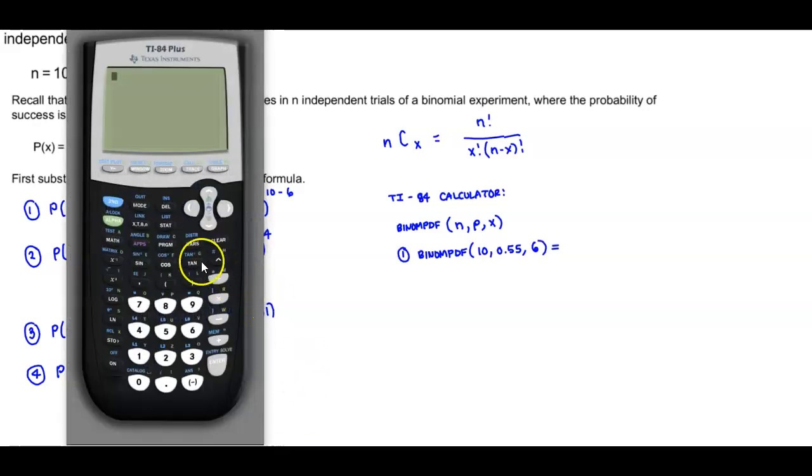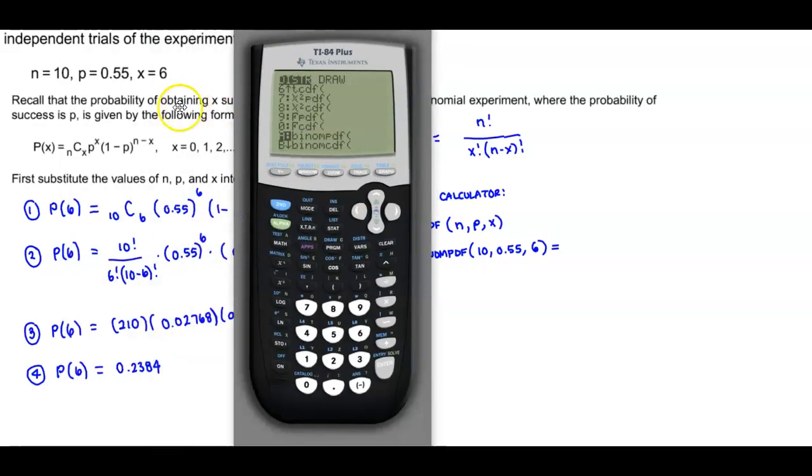Okay, so using our calculator, we're going to go to second and then distribution, and then scroll down to where we see binompdf. And again, P stands for when you have x equal to something. Right below that you have C, which is for less than or equal to, and we'll talk about that in another problem. So go ahead and hit enter, and the number of trials is n, which is 10.